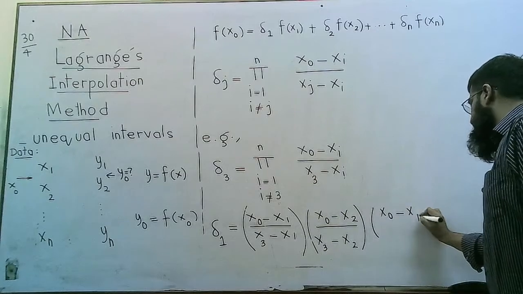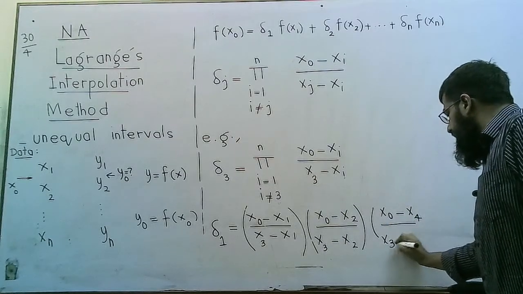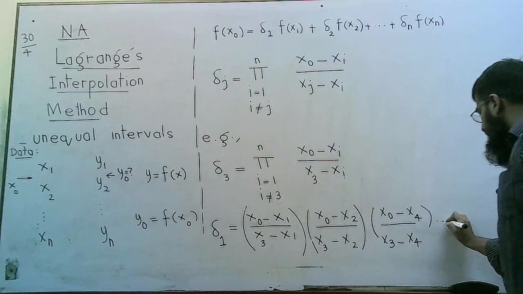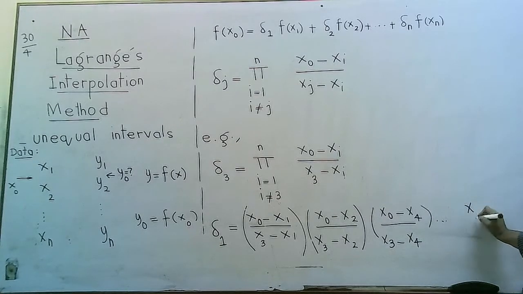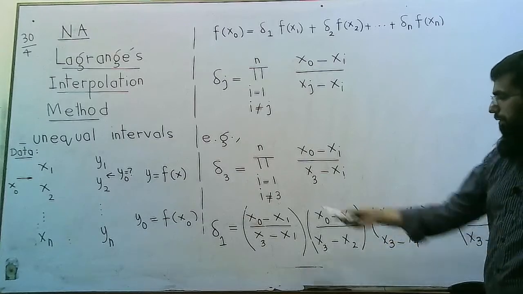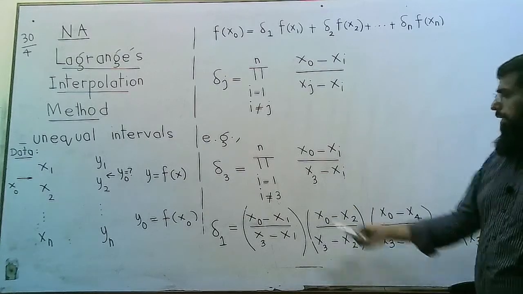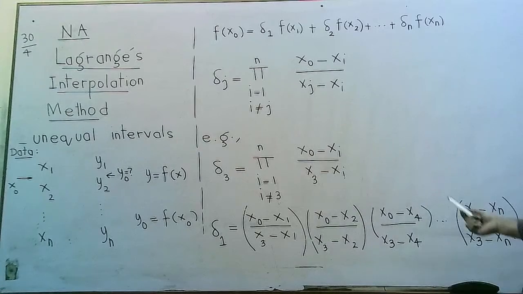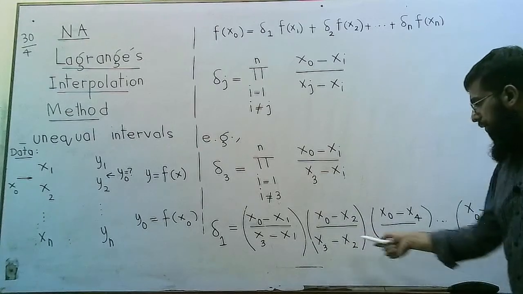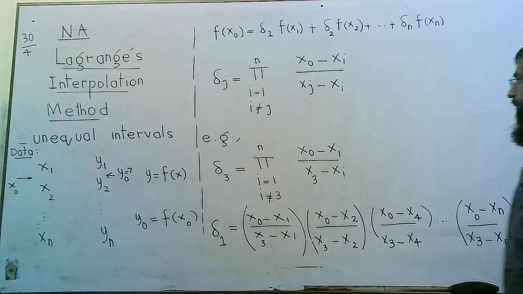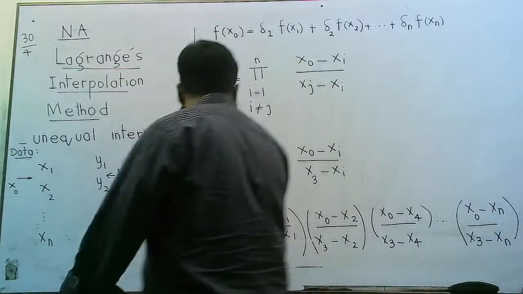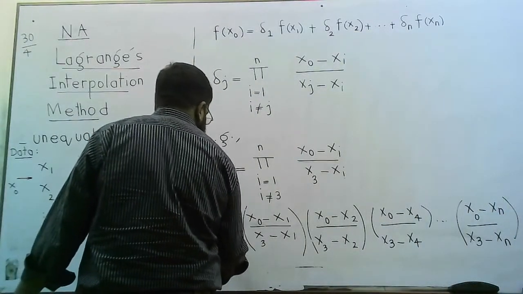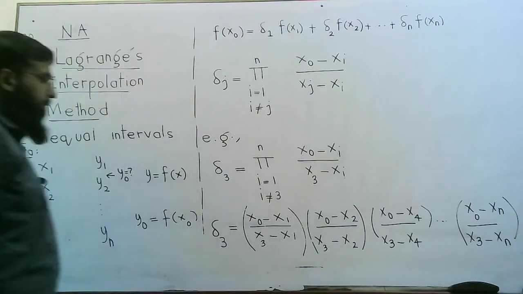That would be x naught minus x4 divided by x3 minus x4. And the final term would be x naught minus xn divided by x3 minus xn. So in this case, we have skipped the term for which i is equal to 3, because if we included that, it would make the denominator equal to 0, and that is what we want to avoid. So this is del 3.